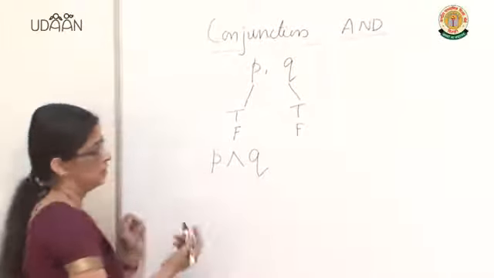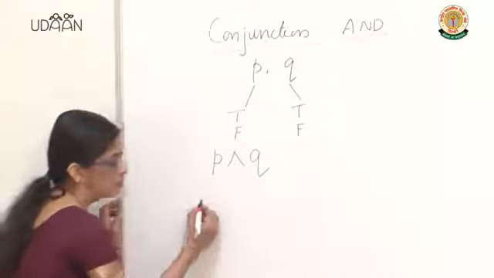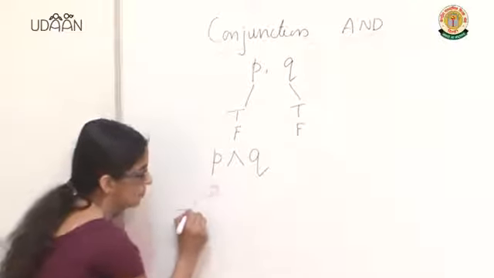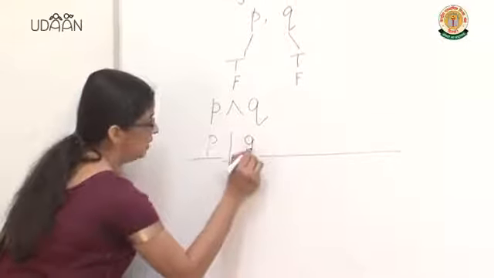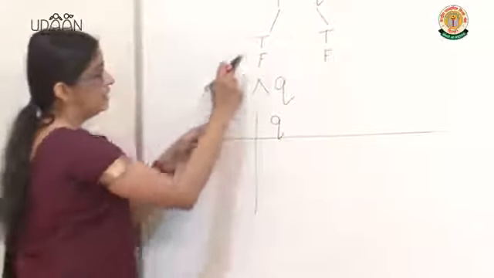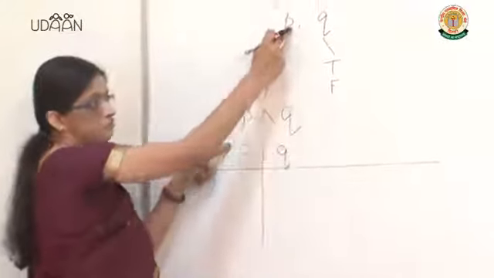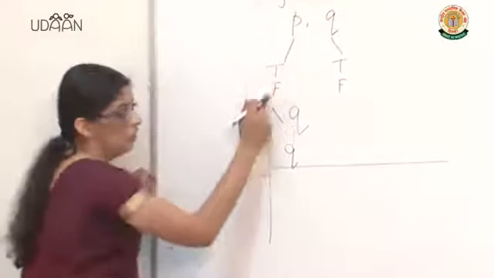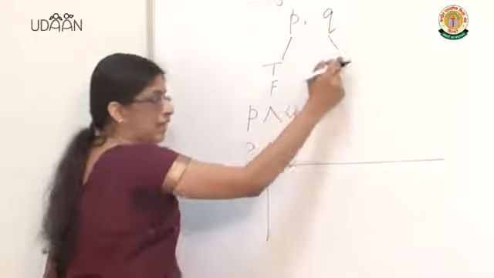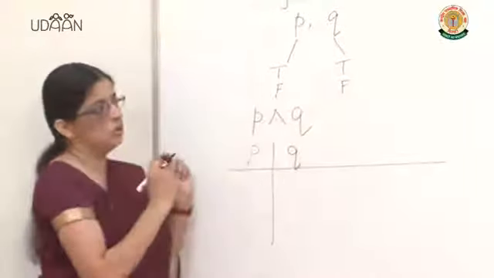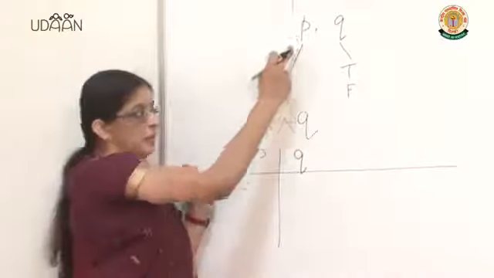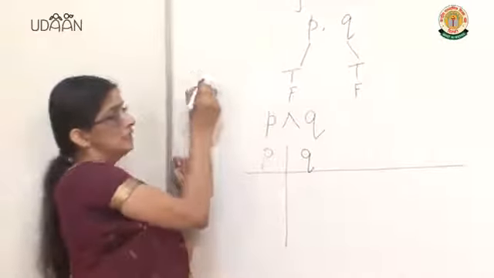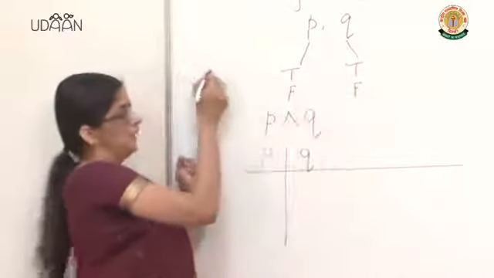Let us make the truth table for this compound statement P and Q. I will make a table with P and Q. We have seen that the truth values which P can take are true or false, and Q again true or false. Now you tell me, in total how many rows will be there in the truth table? P can happen in two ways, Q can happen in two ways.